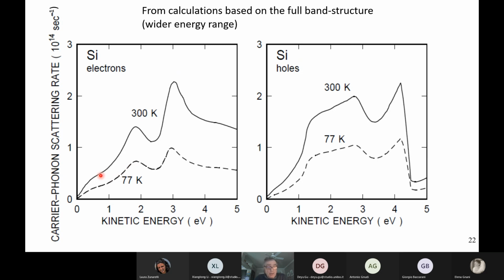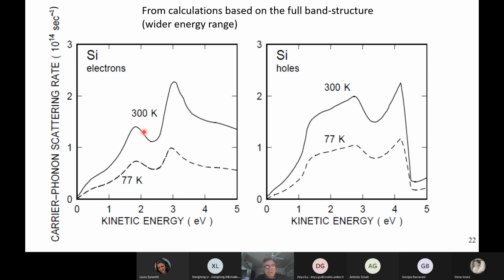Actually, non-parabolic corrections can be important at relatively low energies in silicon. And you see that essentially what you have is the density of states. You have a hump over here, which is the presence of the satellite L valleys, and then some peaks that you can find also in the density of states.